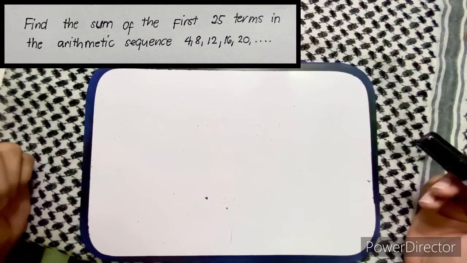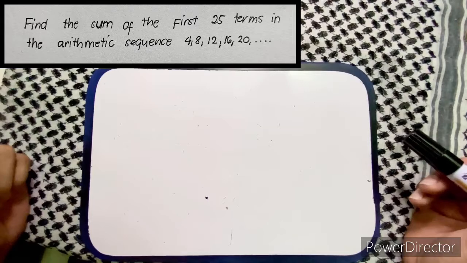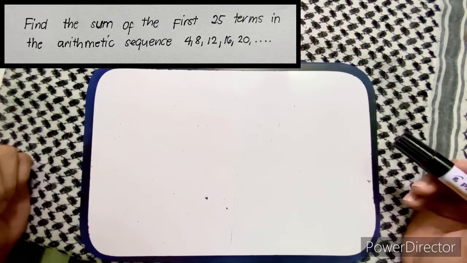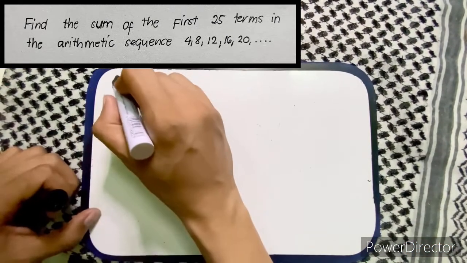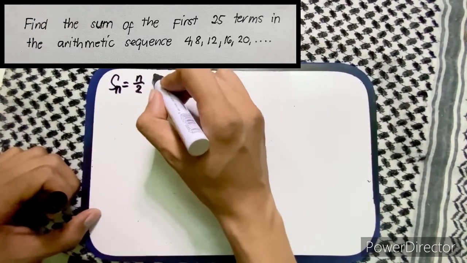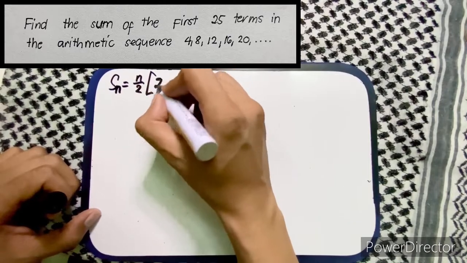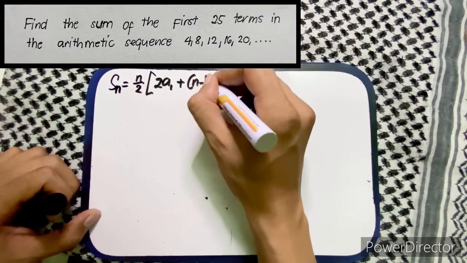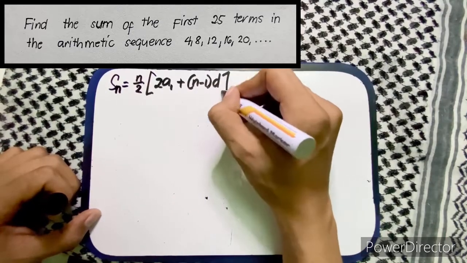Okay, number 2. Find the sum of the first 25 terms in the arithmetic sequence 4, 8, 12, 16, 20, and so on. So we will use this formula: S sub n equals n over 2 multiplied by the quantity 2a sub 1 plus the quantity n minus 1 times d.